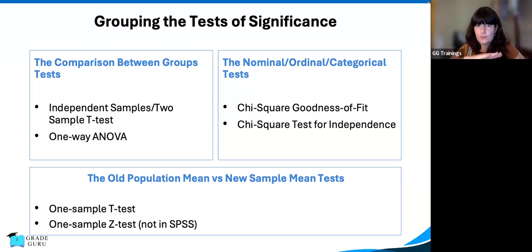It's going to be one of those two. For your chi-squares, if it's a test of significance and it's only nominal or ordinal variables involved, it has to be one of the chi-squares, no other option. And then the last one is if you're comparing an old population mean versus a new sample mean. It's going to be your one sample t-test.